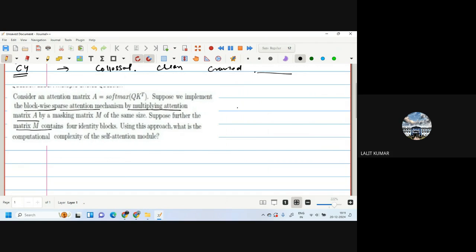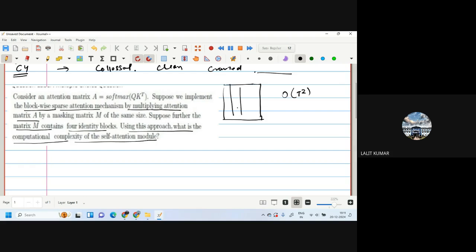They contain 4 identity blocks, and using this approach, what is the computational complexity of the self-attention module? If we do full attention, then the complexity is how much again? It is O(T square).